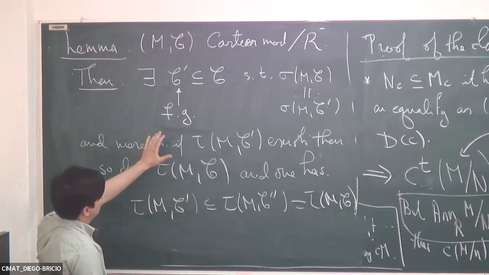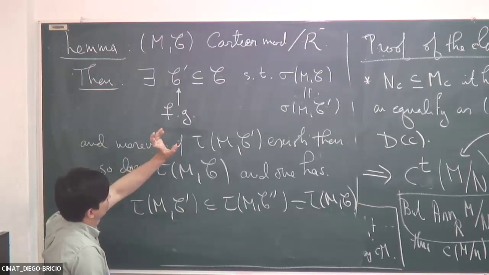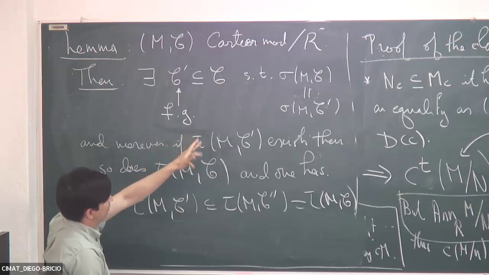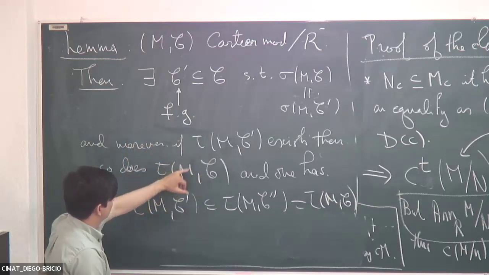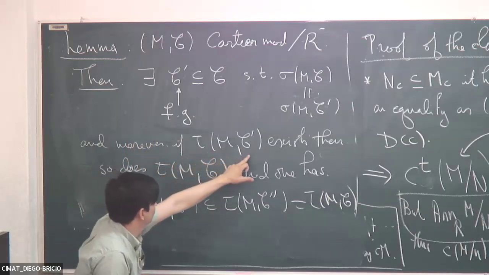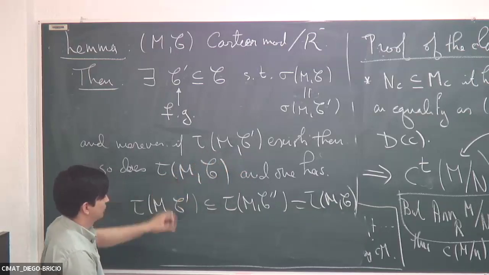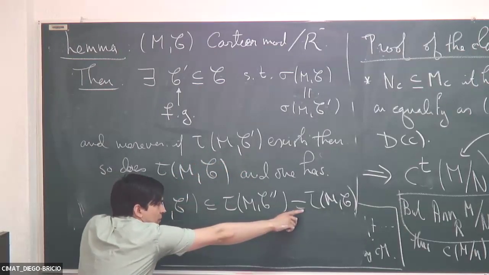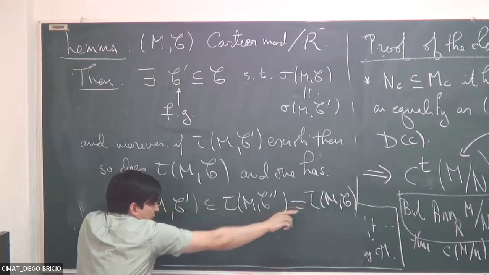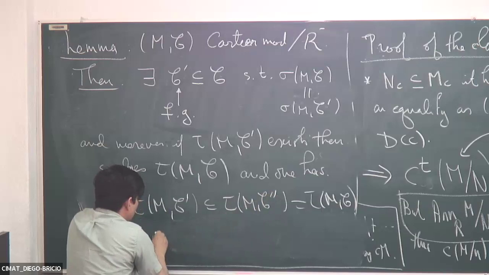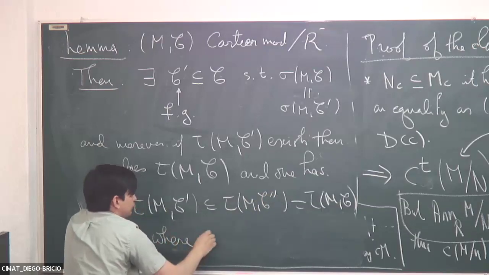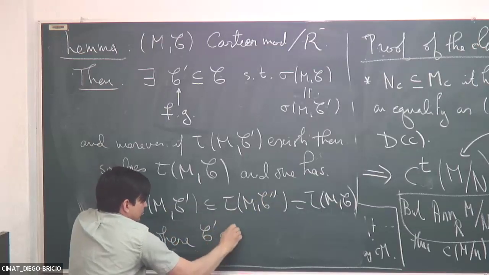So I think the point is this. First of all, you say that sigma can be computed by finitely many elements of C. And then the existence with respect to C prime implies this one. But moreover, the test ideal of M with respect to C can be computed by this Cartier algebra C double prime. So here we have something like this.